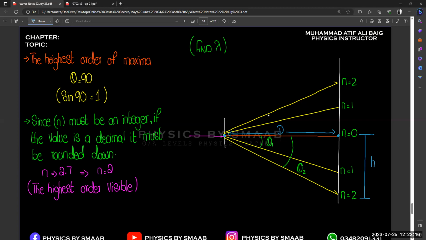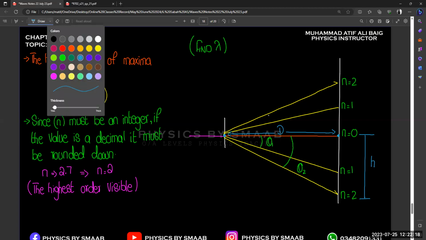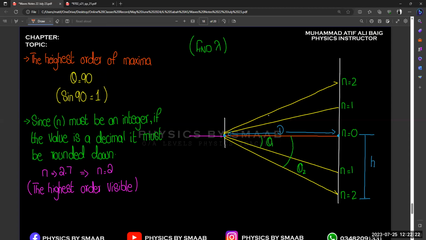And now if we use the quantity of tan theta, tan theta is equal to perpendicular upon base. And on perpendicular, we have our height. This is perpendicular, and this is our base, because we are getting a right angle triangle.